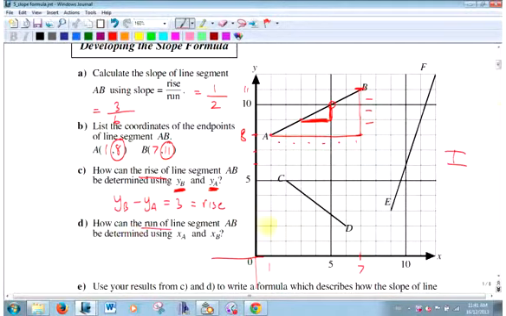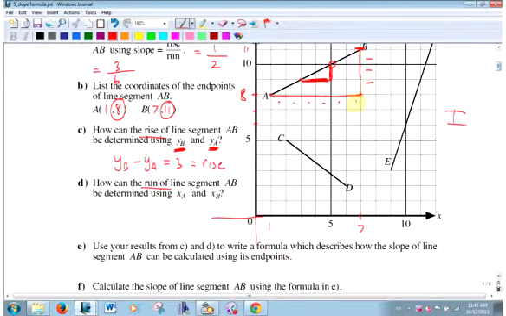How can the run be determined by the coordinates between XA and XB? Well, again, that was 7. This was 1. Is the difference of those 2 points 6? Yep. If I go XB minus XA, 7 minus 1, I get 6.